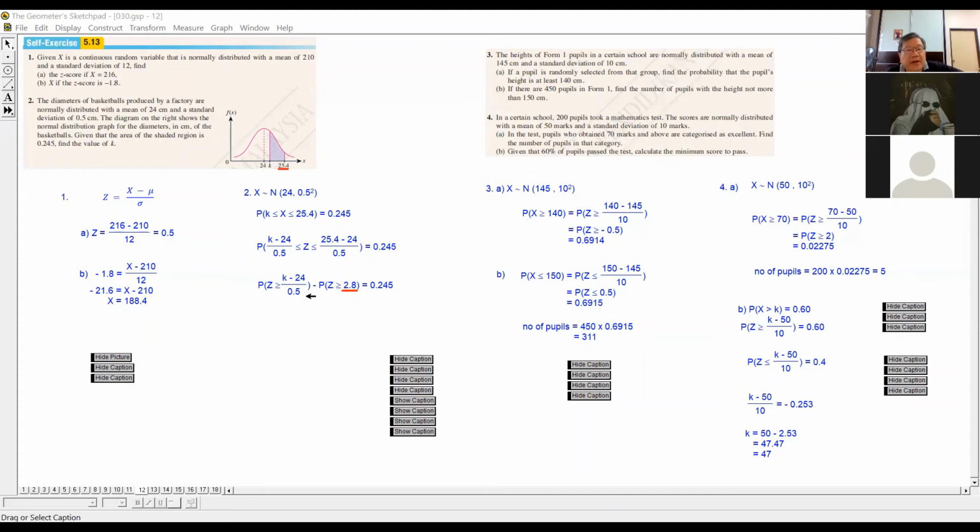Now, why change to standardized score? Because I can actually find this from the calculator. Can you find z greater than 2.8 from the calculator and see what is the value? With your calculator, z greater means you use R 2.8.